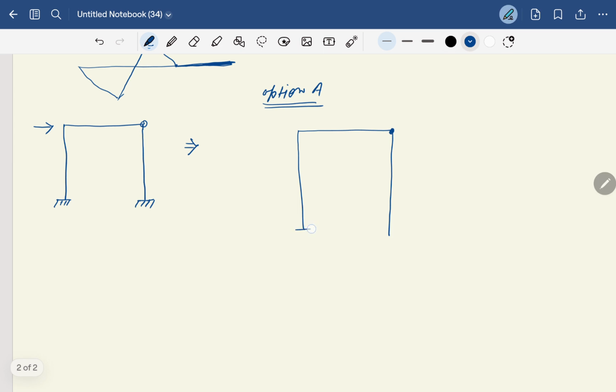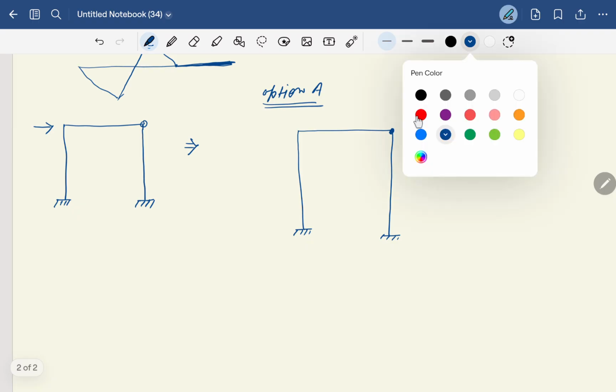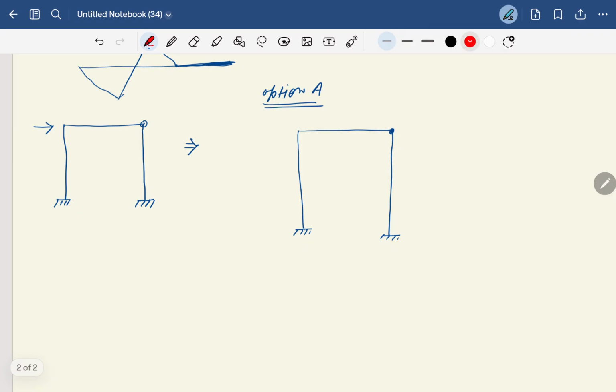This is the deflected shape, this is the fixed, and here we will make that like this. Okay, so first option is this.